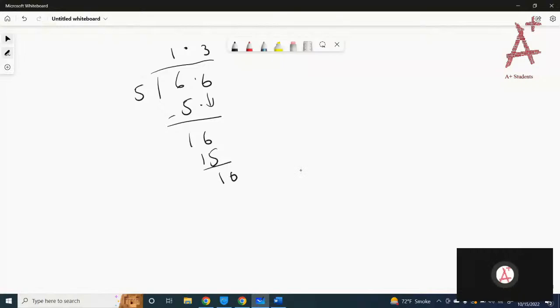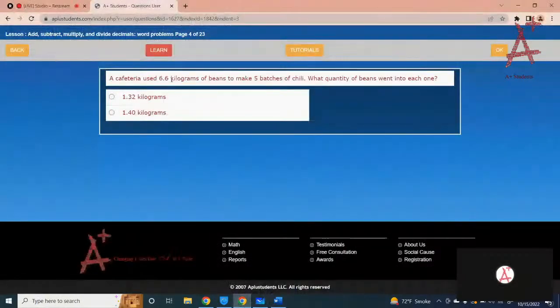You can put a decimal point over here. So 5 times 2 is 10. Got it? And 10 subtract 10 is 0. So the correct option is 1.32. Got it? Select the correct option and click on the OK button.